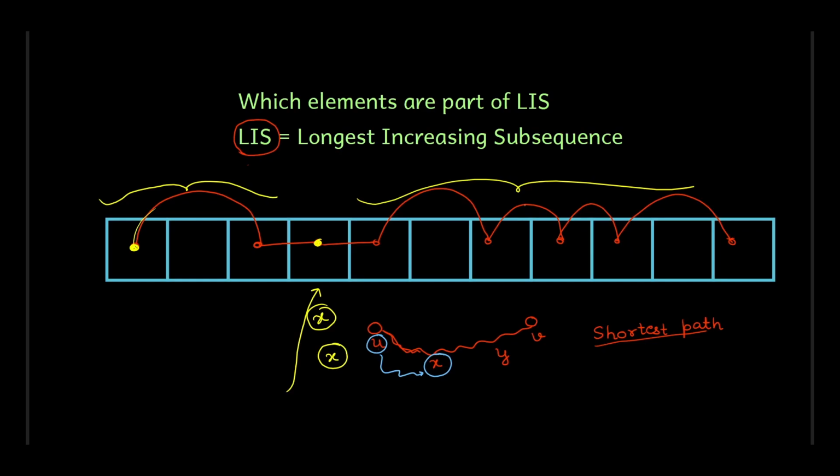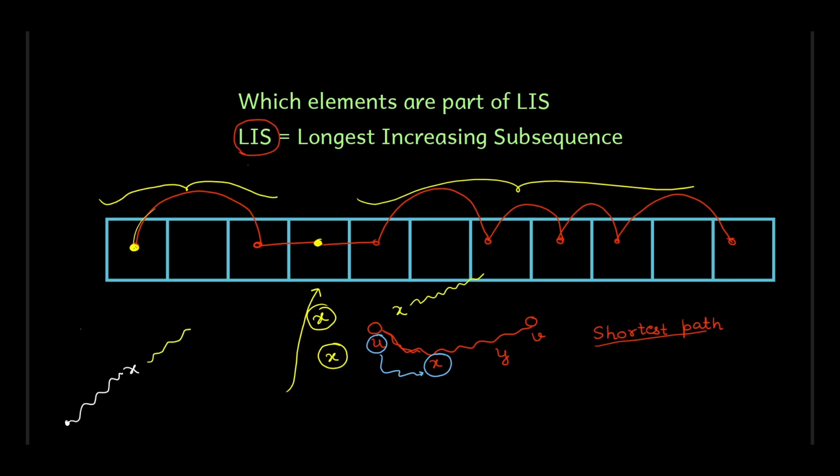On the right half, the subsequence starts at X, and X is the minimum element of the subsequence on the right half, and then it grows as much as it can. So what happens is something like this: it starts from here and grows till X, and then from X on the right hand side, it grows further.